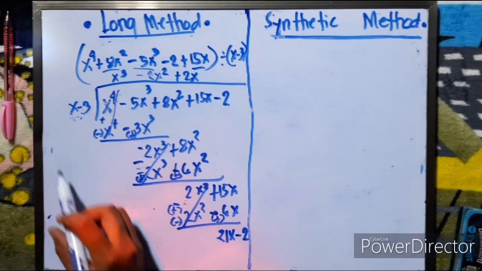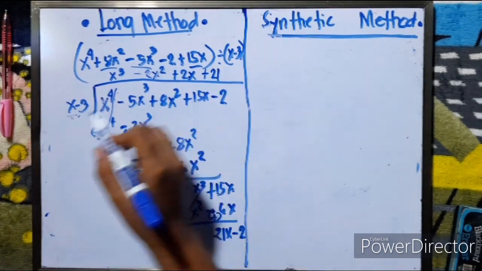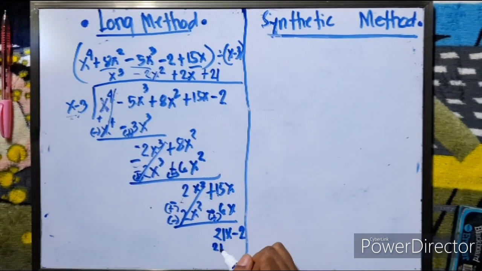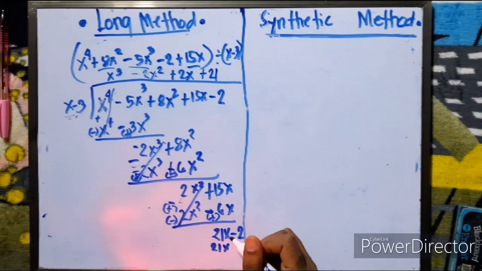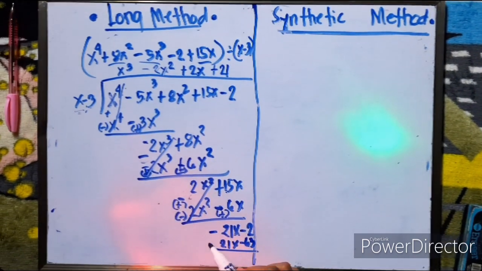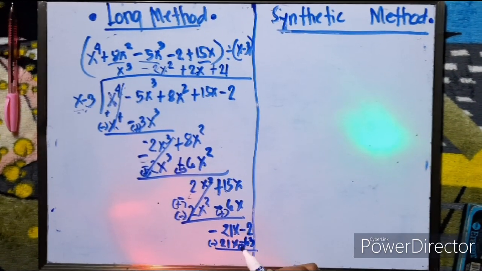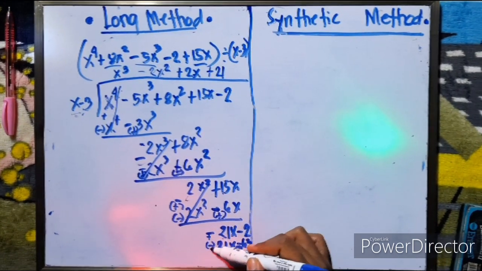Positive 21x divided by x, that is positive 21. 21 times x, that is positive 21x. And positive 21 times negative 3, that is negative 63. Subtract, change this into negative, change this into positive. 21x plus negative 21x, that is 0.